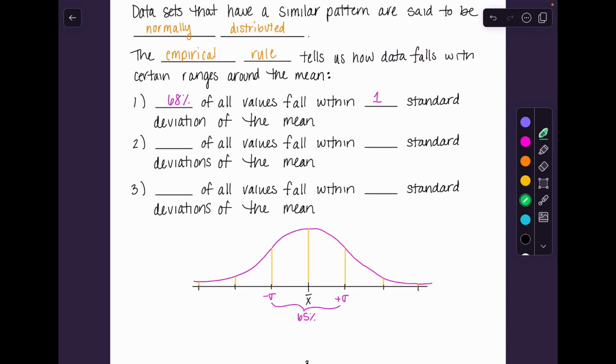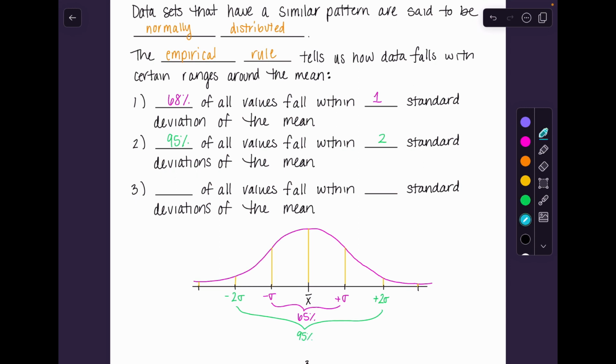Now, if I go out to 2 standard deviations, meaning I add a second standard deviation over here, so really the distance from here to here is 2 of that sigma value, or if I subtract 2 sigmas, then 95% of your data should lie within these 2 values. So from here to here will be 95% of the values.